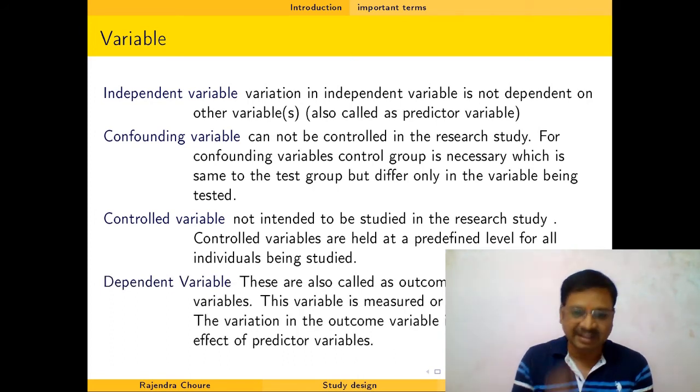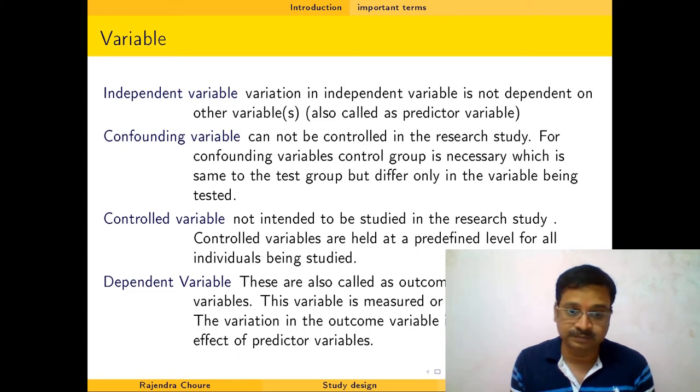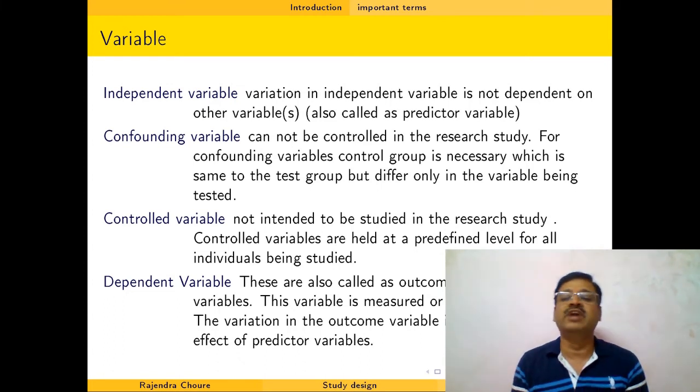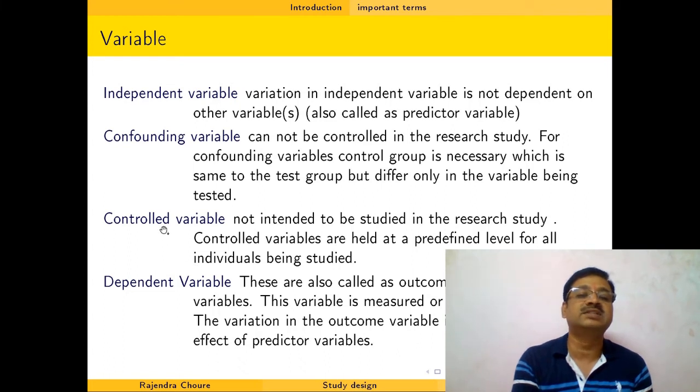Then dependent variable, this is also called the outcome variable as we discussed, or response variable, and this variable is measured or observed. The variation in the outcome variable is considered due to the effect of the predictor variable. And you have to take care of confounding variables and controlled variables so that these two variables shall not be the reason for variations.